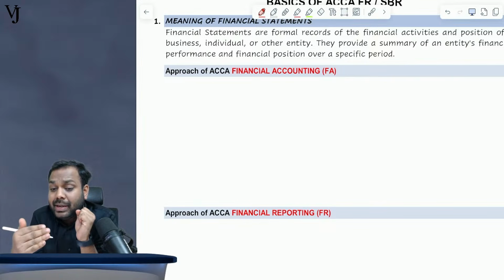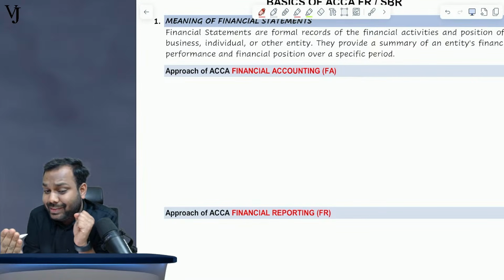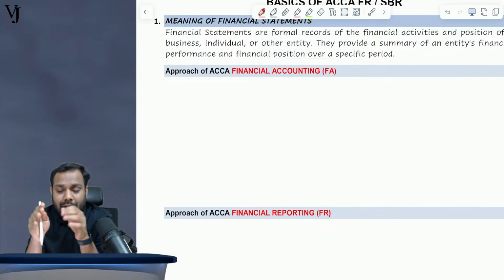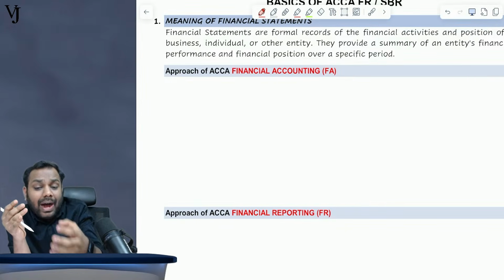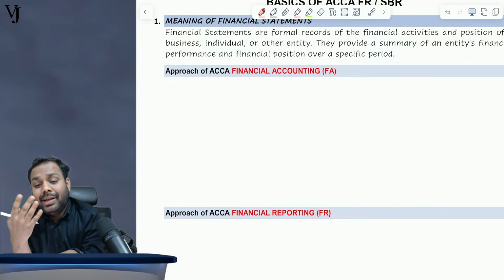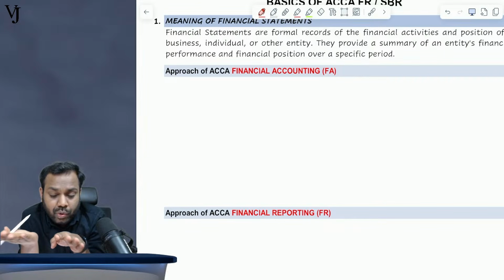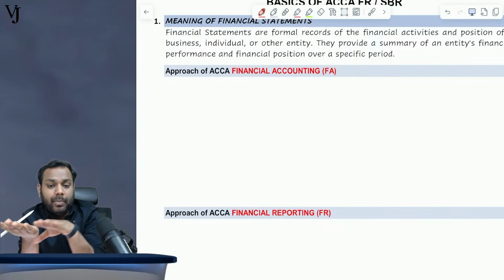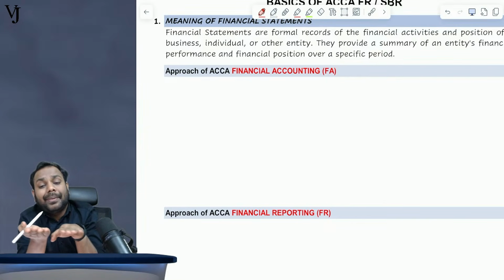As of today, there are a few IAS still existing and there are new IFRS as well. So both IAS and IFRS run parallelly now.